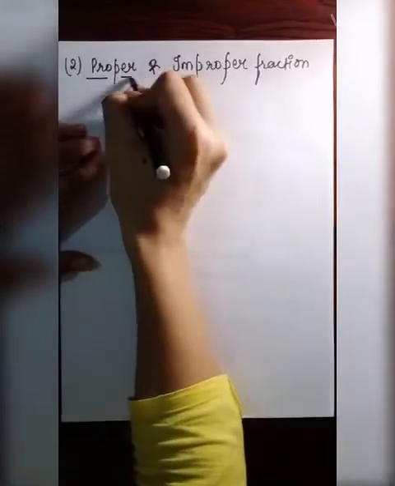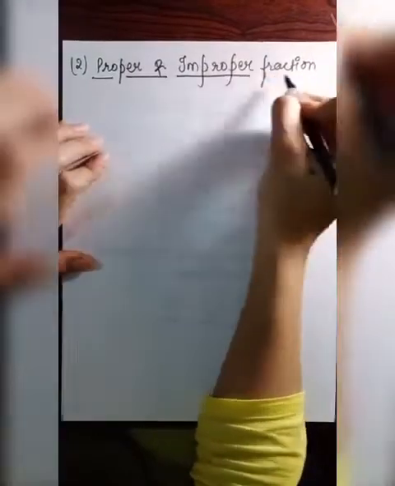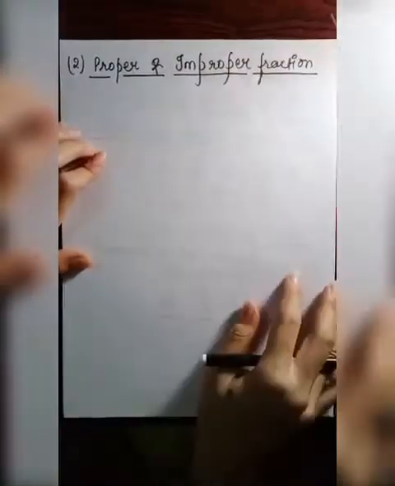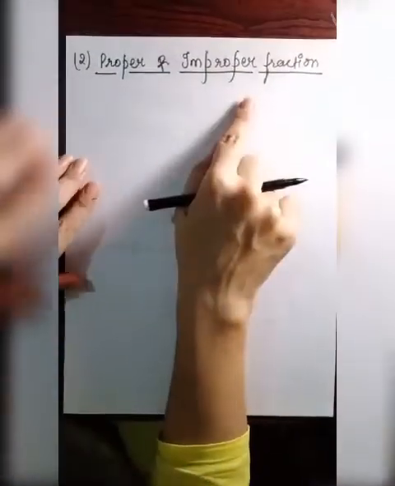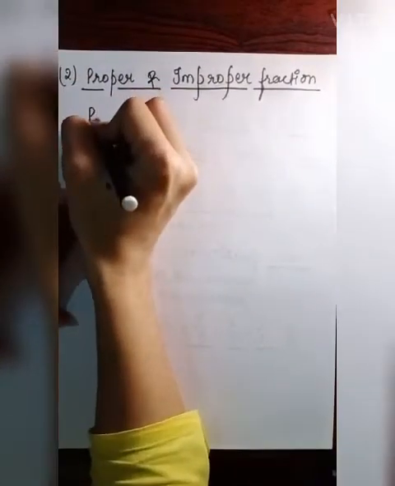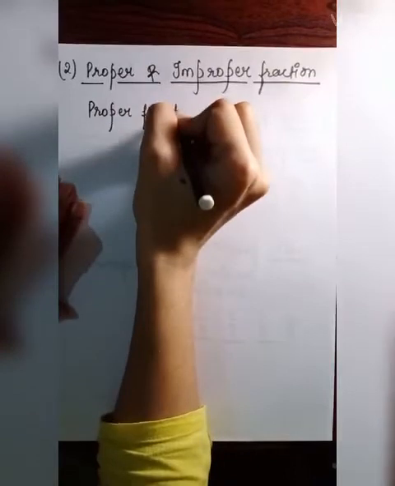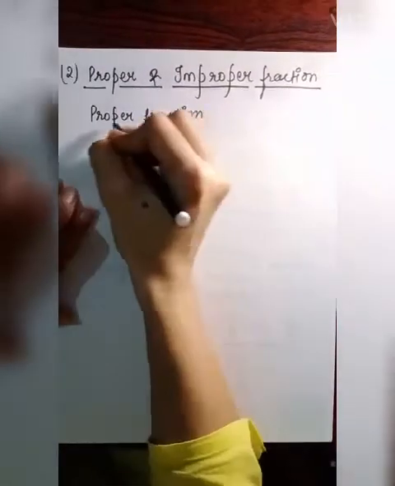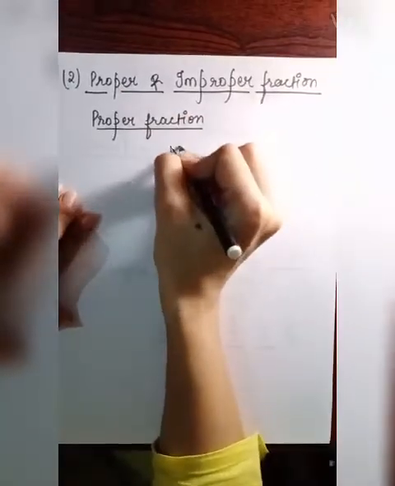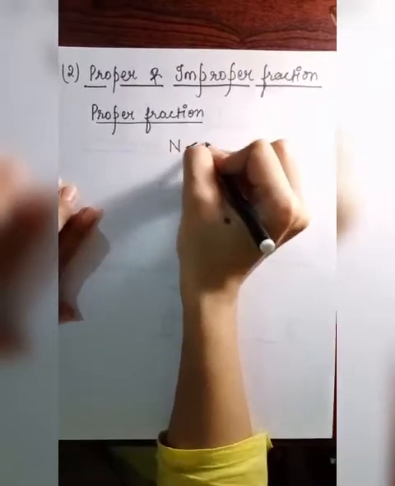Now we will learn about proper and improper fractions. We have already seen like and unlike fractions. Now we will learn proper and improper fractions. What is a proper fraction? A proper fraction is a fraction where the numerator is less than the denominator.